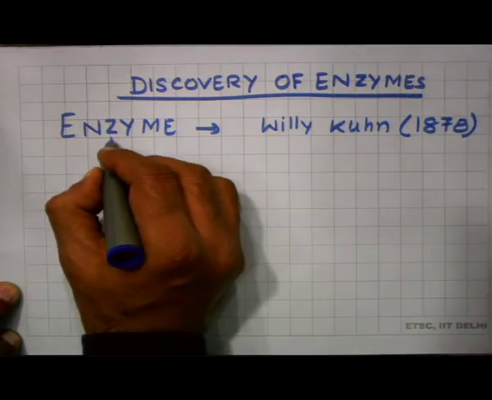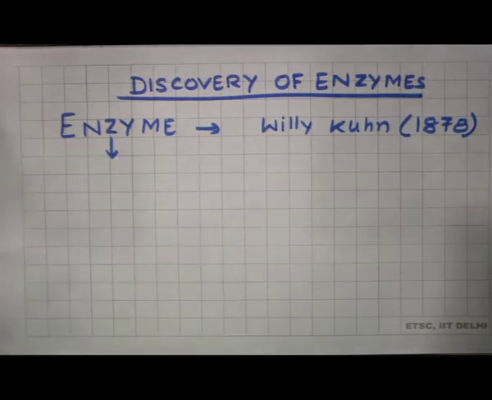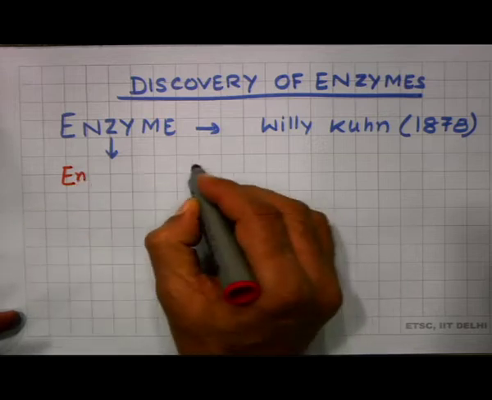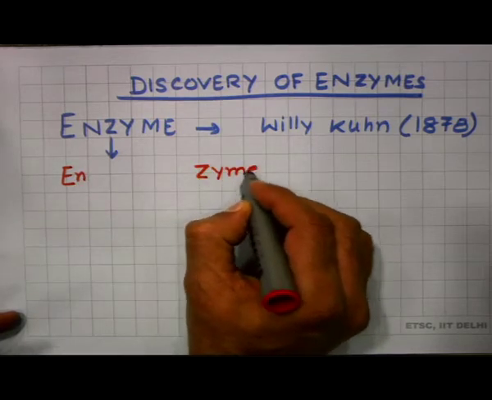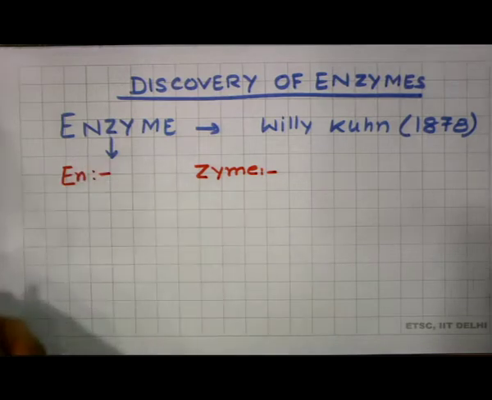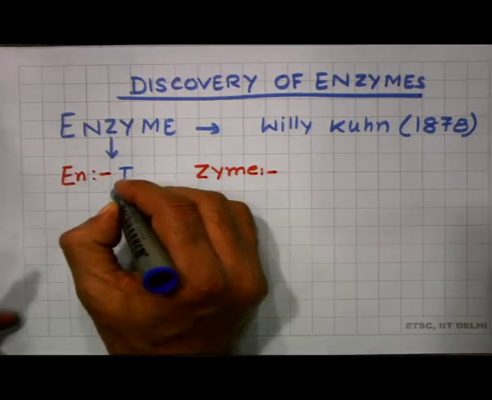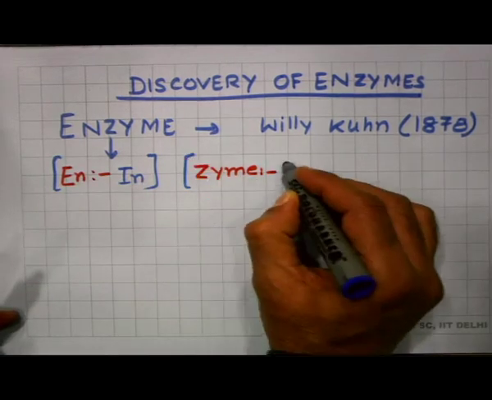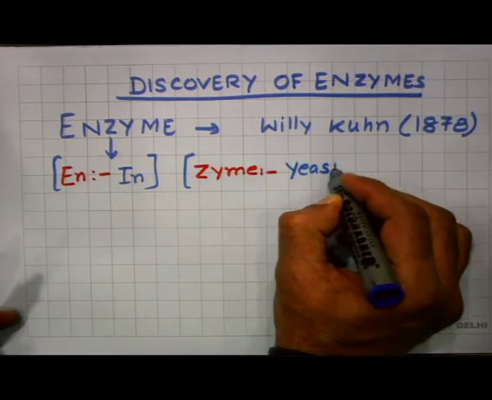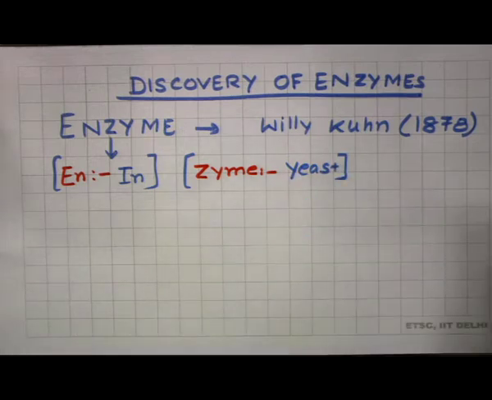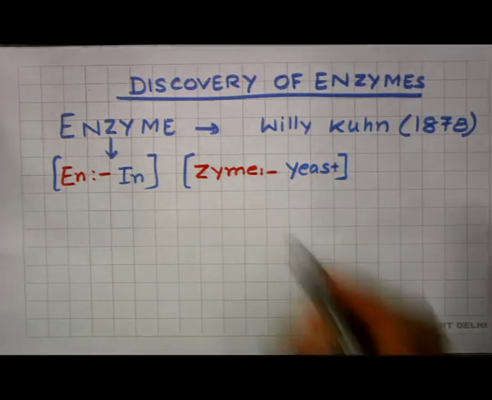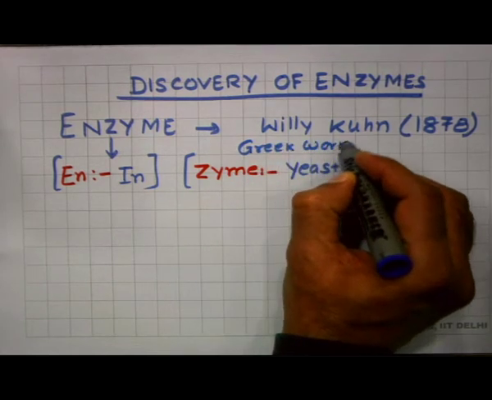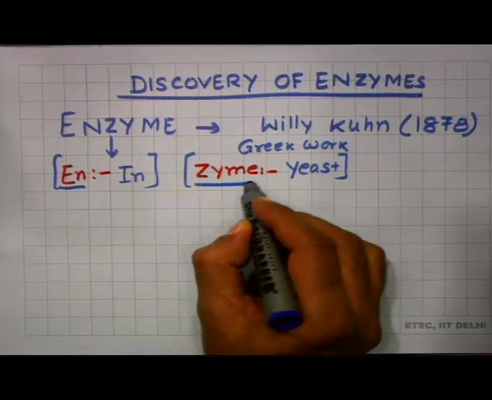It is derived from the Greek words en and zyme. En means in and zyme means yeast. So, enzyme is derived from the Greek words en and zyme, that means in yeast.